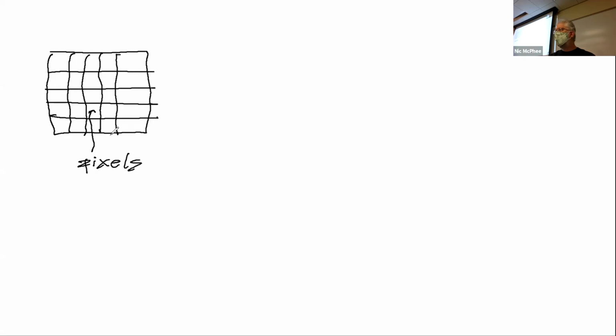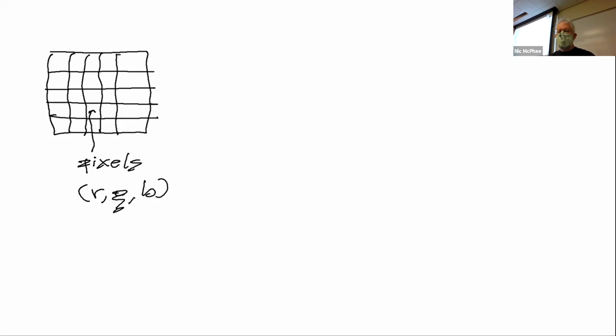So we divided a continuous space of information about light and color into little boxes. And each of those boxes we represented using 3 numbers, R, G, and B: how much red there was, how much green, and how much blue. So that's how we converted pictures into a digital form that we could then do stuff with.